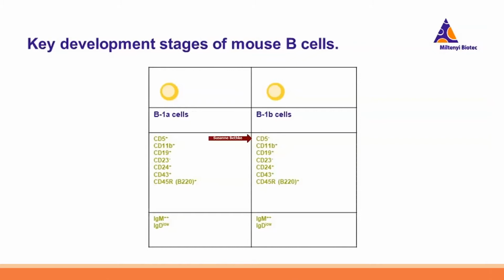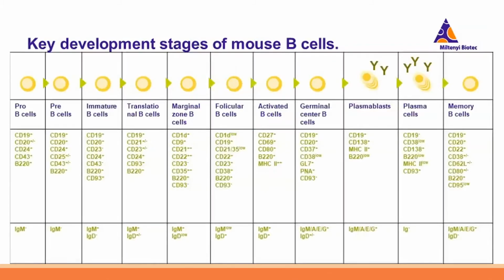That's why it's also discussed to rename them, and there's quite some discussion going around this because this naming is rather confusing. But the rest of the markers, as you see on the list here, is the same. I will not go into detail here right now, but you can always check when you get the presentation later. So here are also the development stages of mouse B cells.